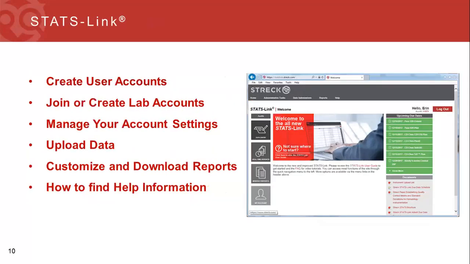In this presentation, we will show you how to create user accounts, join or create lab accounts, manage your account settings, upload data, as well as customize and download reports. We will also show you where to find frequently asked questions information, the user's guide, and instructional videos.